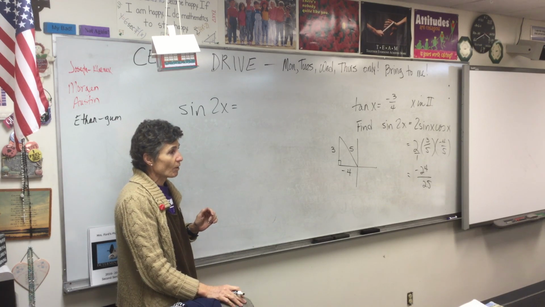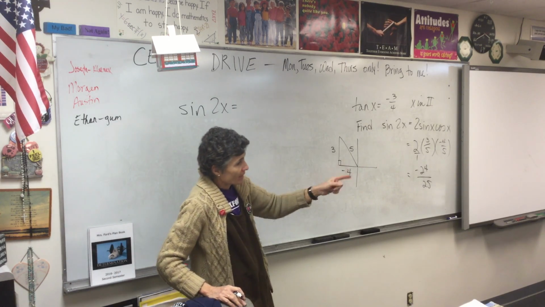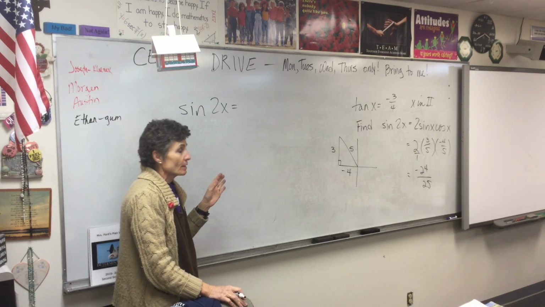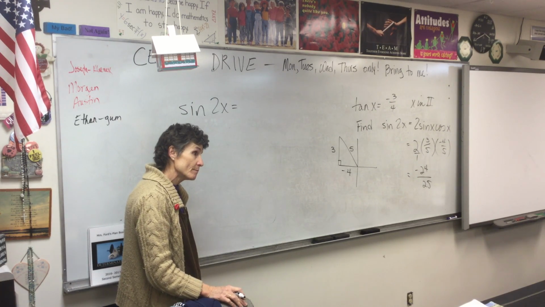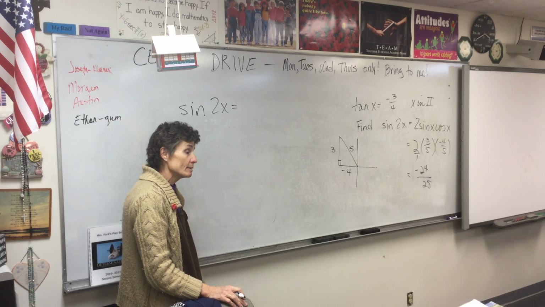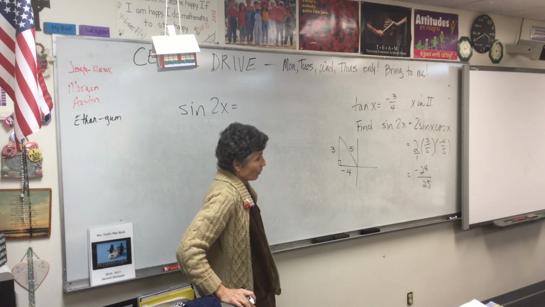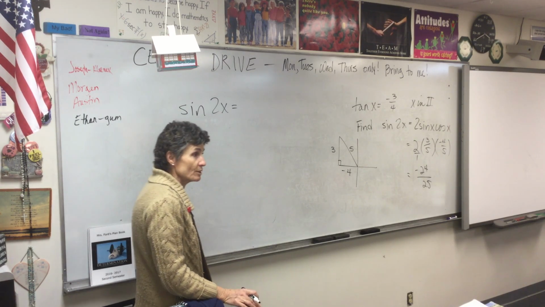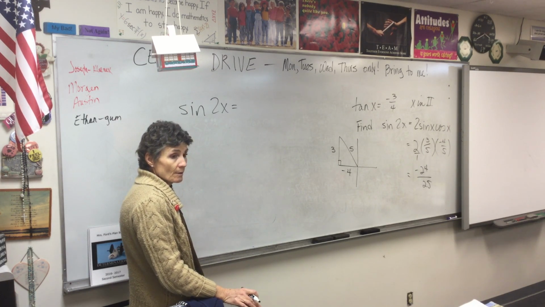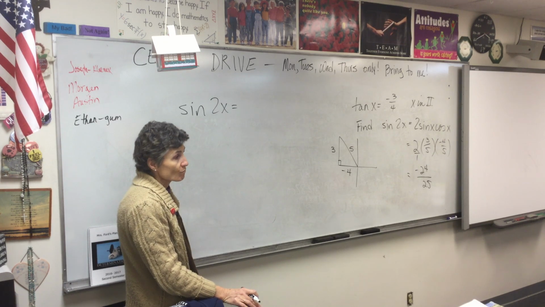When we multiply fractions, it's top times top, bottom times bottom. Can we reduce it? Is that reduced? No, you can't. If it reduces, you're going to want to reduce it. But it doesn't reduce. Keep it up there.